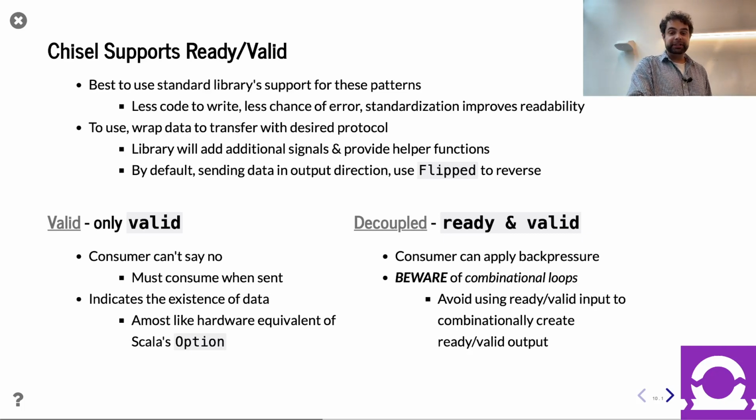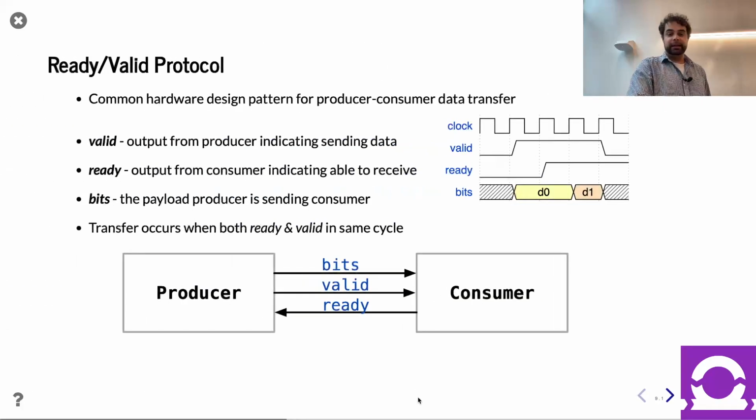It takes two to have a combinational loop. If only one side does this, say the producer produces valid and looks at ready at the same time, and there's a combinational path from ready to valid, it's actually not that bad, because there's only one side. Now, if the consumer does the exact same thing, then both sides have done it and you have the combinational loop. As a general design principle, to keep your decoupled protocols nice, you should not depend on it, because you don't know who you're talking to. If you don't have that link, then your consumer won't have that problem.